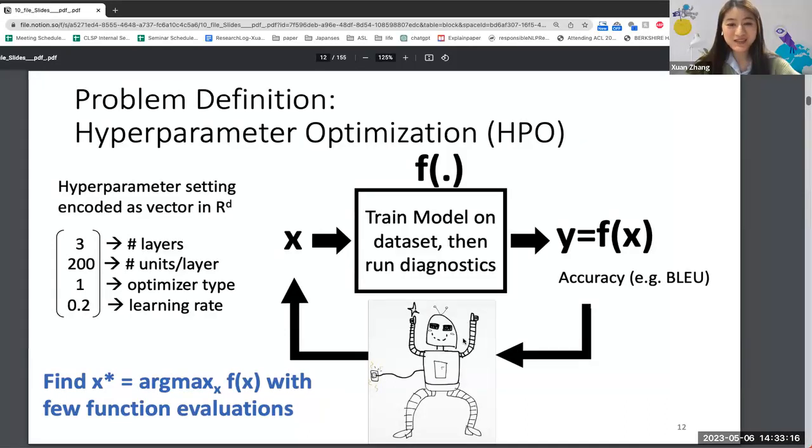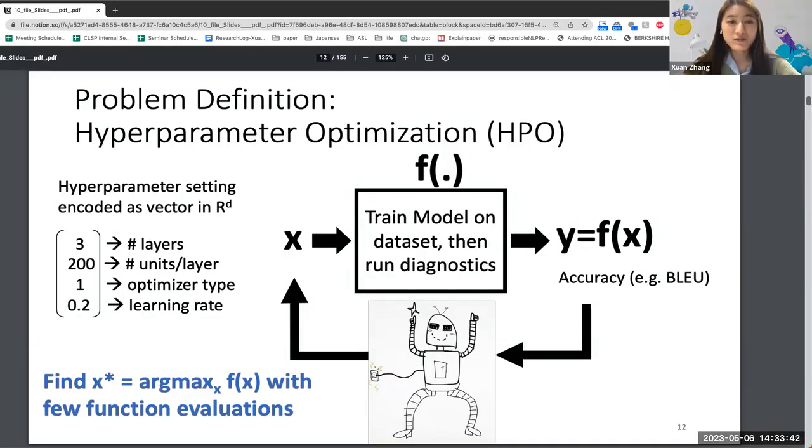That happy, smart-looking robot in the picture saves us from the tedious work of manual tuning, all thanks to its HPO algorithm. So HPO takes hyperparameters and evaluation results as inputs and suggests new hyperparameter configurations. The goal is to find the optimal hyperparameters with fewer searches.